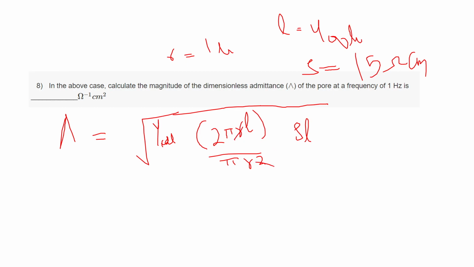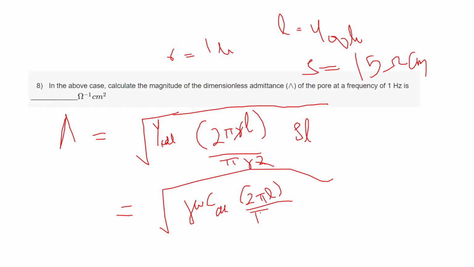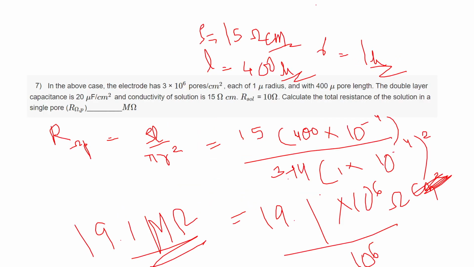I'm just simplifying it. And what is YCDL? It is J omega C. You also need the CDL value. CDL is given in the question as 20 microfarad per centimeter square. Double layer capacitance is 20 microfarad per centimeter square. It's given in the question.